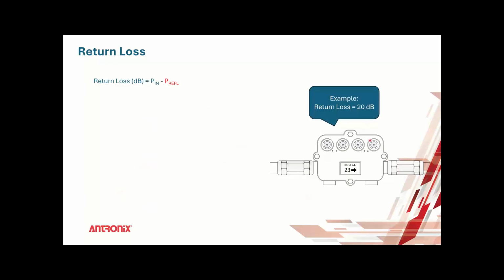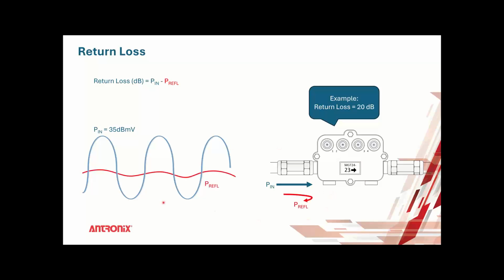So for example, we have a 20 dB return loss in a tap. And if I have an input signal level of 35 dBmV going into the tap, you're having a reflected output power. So it comes in, some of it's been reflected, and the reflected power is actually 35 minus 20 is 15 dBmV signal level being reflected going backwards from the tap due to the return loss.